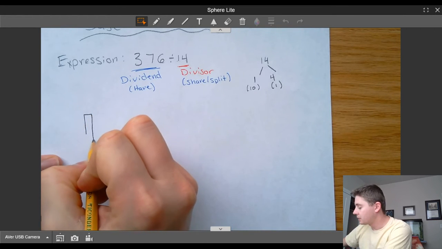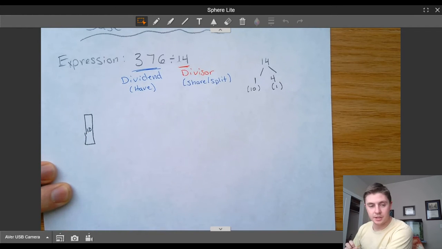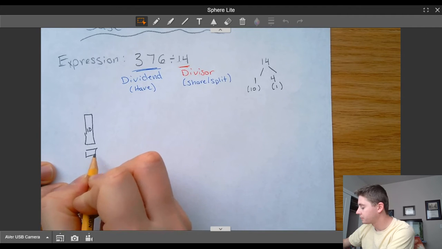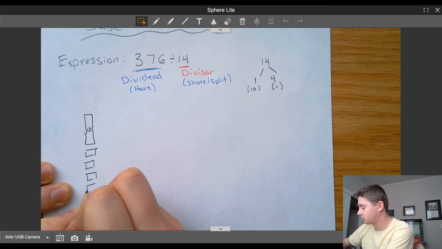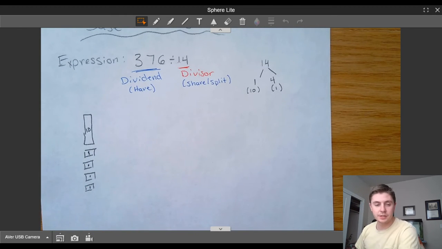That's going to represent 10. And squares are going to represent ones. So I have four of them. Altogether, that makes 14.